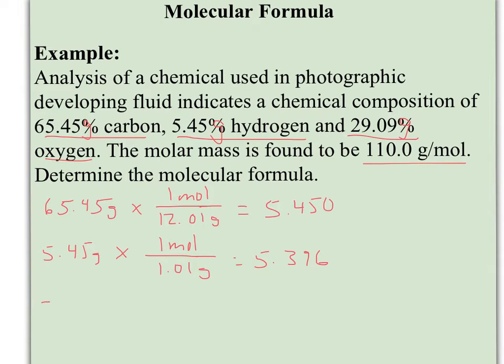And then my 29 grams of oxygen, the conversion of 1 mole weighs 16 grams for oxygen. So 29 divided by 16 gives me 1.813.